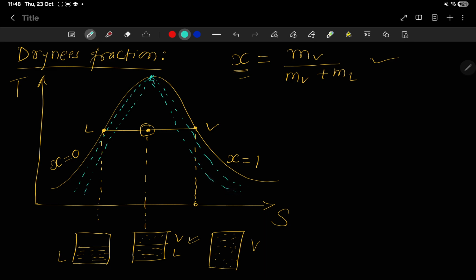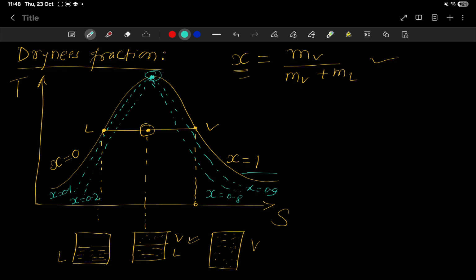If x equals 0 here, then this curve will be for x equals 0.1, this curve for x equals 0.2, this curve for x equals 0.8, this for x equals 0.9, and this for x equals 1. What will be the dryness fraction at the critical point? Here dryness fraction is not defined, because we don't have any limiting concentration of mass of vapor and mass of liquid. So this is all about dryness fraction.